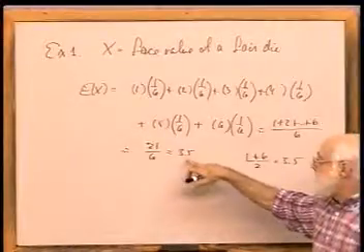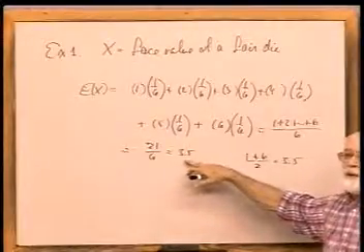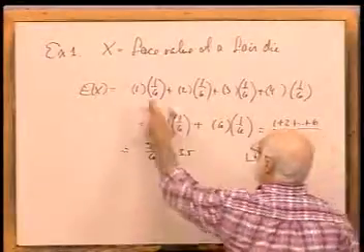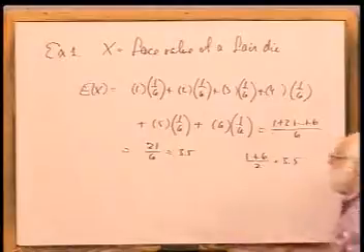Notice also that 3.5 is not one of the values that the random variable can take. The random variable in this case can only take the values 1, 2, 3, 4, 5, 6.